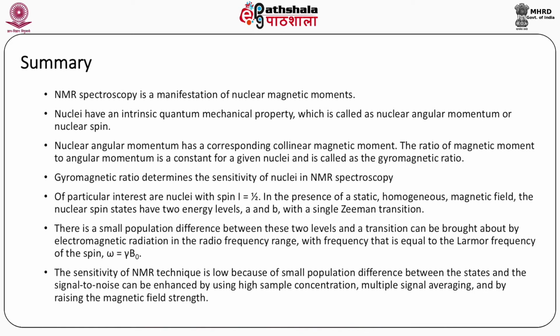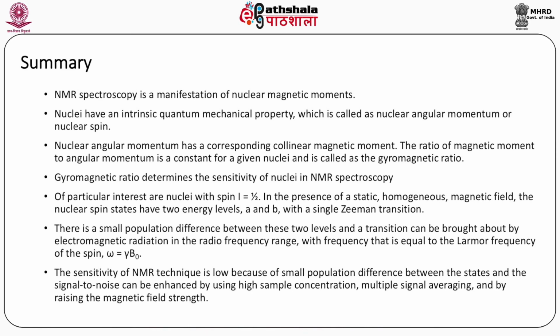Of particular interest are nuclei with spin I equal to half. In the presence of a static homogeneous magnetic field, the nuclear spin states have two energy levels, alpha and beta, with a single Zeeman transition.